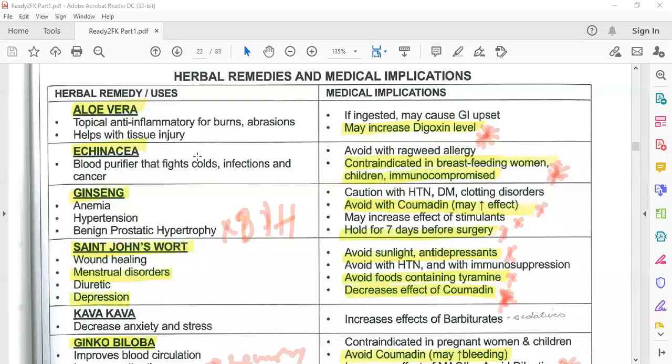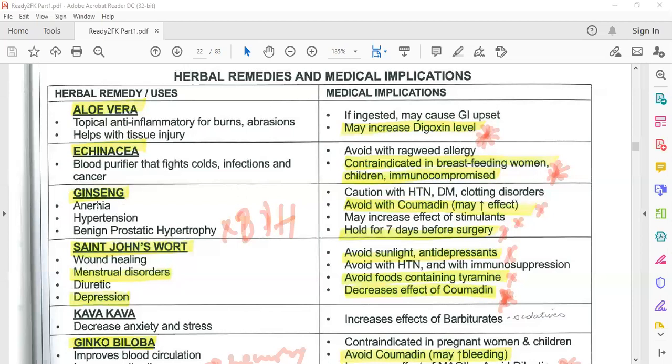Also, Echinacea is not effective for patients who are HIV positive. So immunocompromised patients, not good for them. An HIV patient is immunocompromised. An organ transplant patient is immunocompromised. They are not good candidates for using Echinacea.